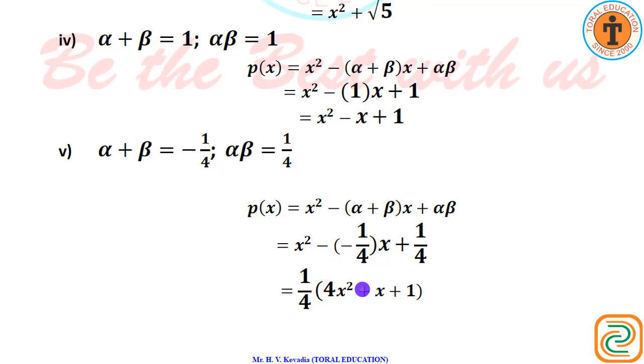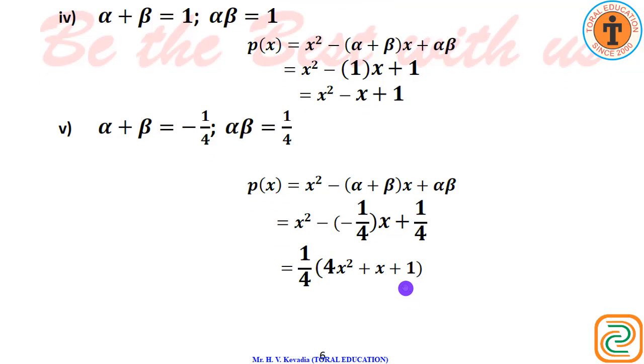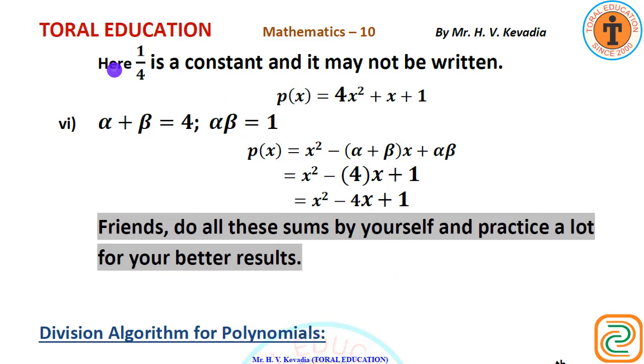But minus minus plus. Here there is no 4, so 4 will be multiplied here only. So 4x square plus x plus 1, right? We have written here 1 upon 4 is a constant and it may not be written. So our polynomial is 4x square plus x plus 1.